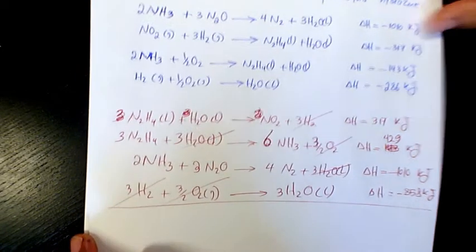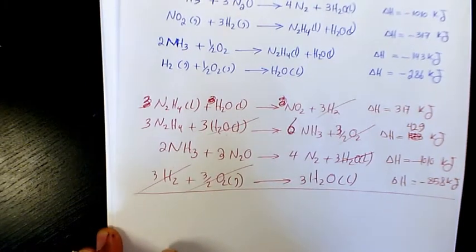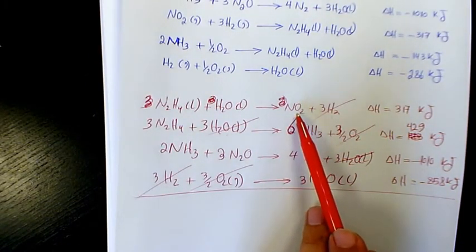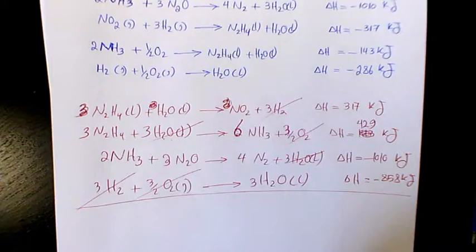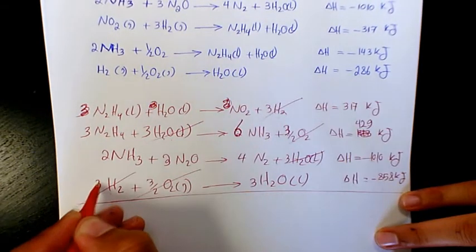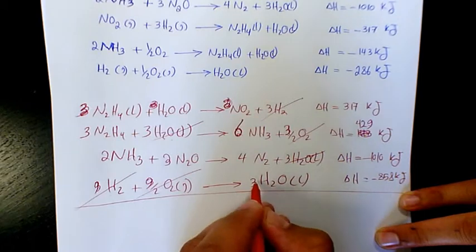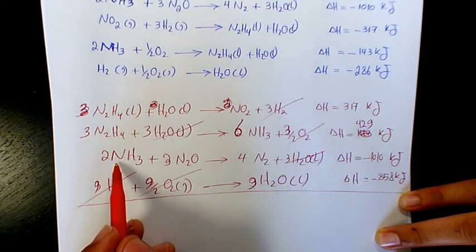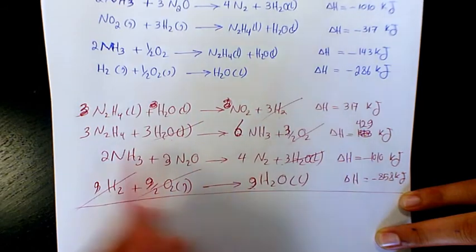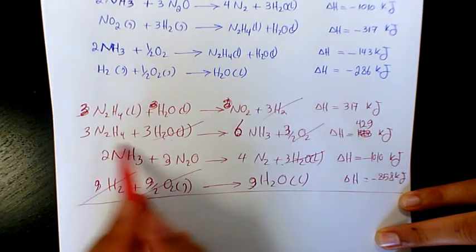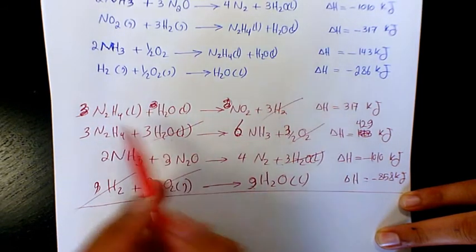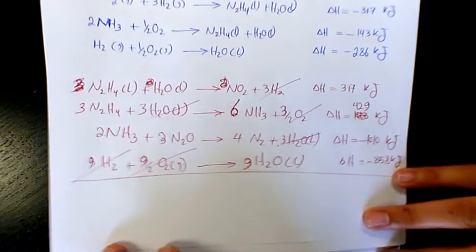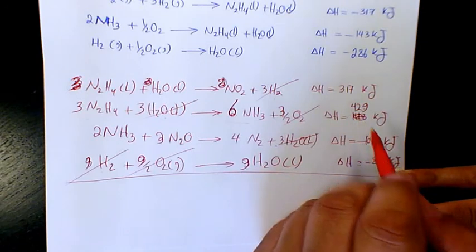So let's see what we have now. We have N2O here, so in here I need to multiply it by 3 one more time. So that's going to be 9. This one is correct. This one is correct as well. What about here? This one, we didn't multiply it by 3.